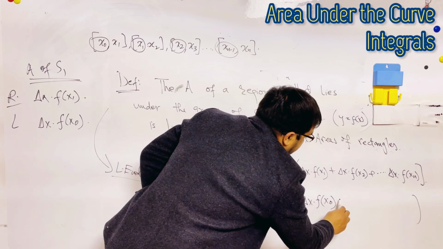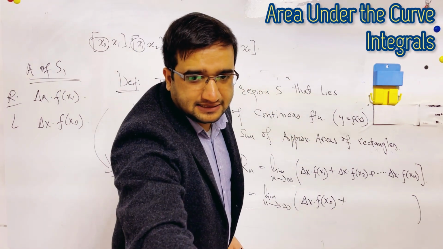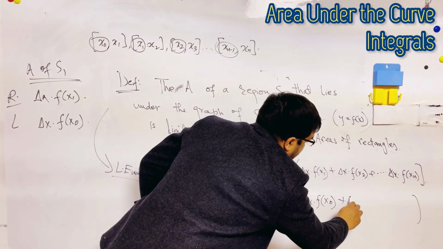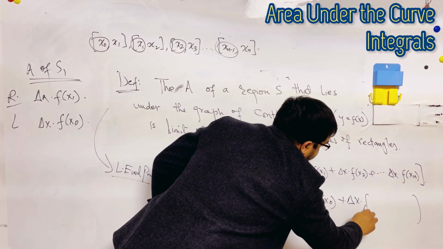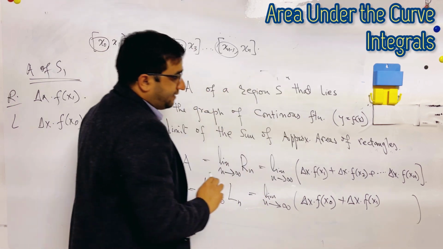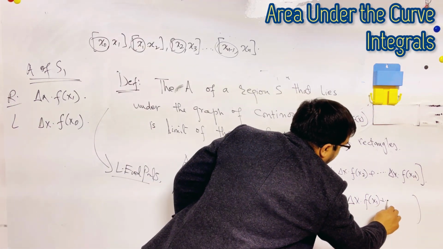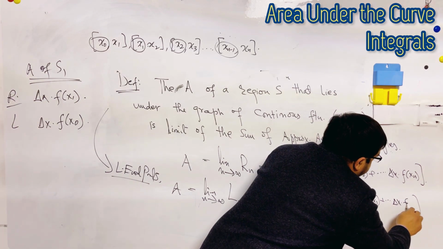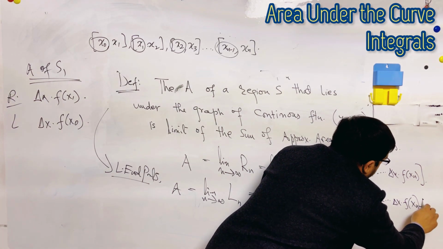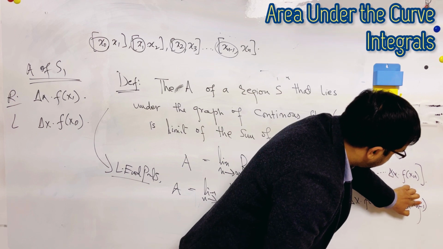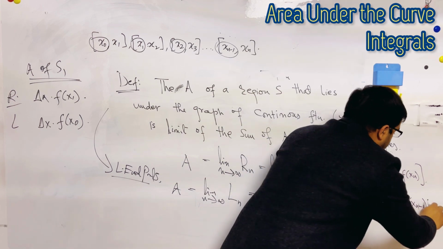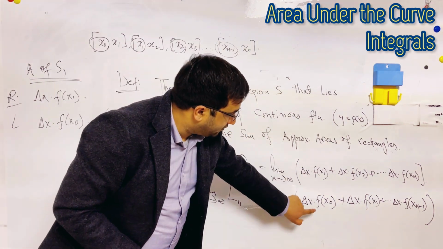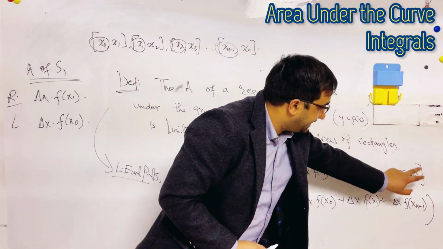Similarly, the area of slice 2 will be delta x dot f of x1, plus and so on. The area of the nth slice will be delta x dot f of xn minus 1. The number of terms is the same: 1, 1, 2, 2, 3, 3, n.